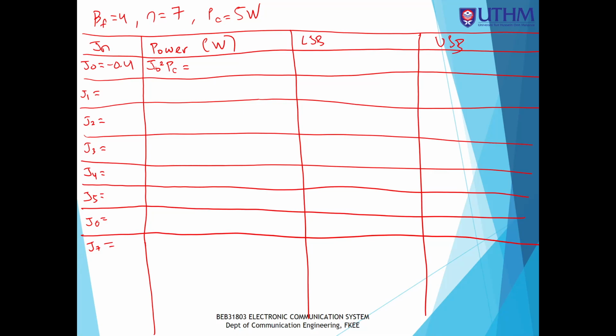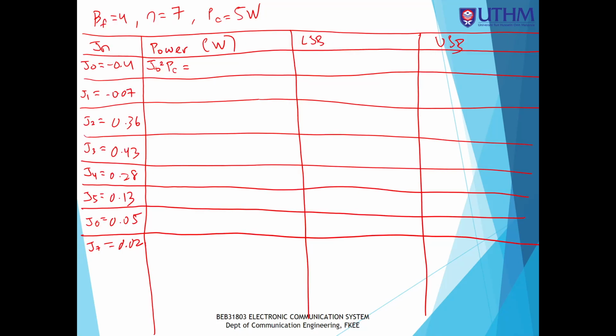So correct me if I'm wrong: minus 0.4, minus 0.07, 0.36, 0.43, 0.28, 0.13, 0.05, 0.02.